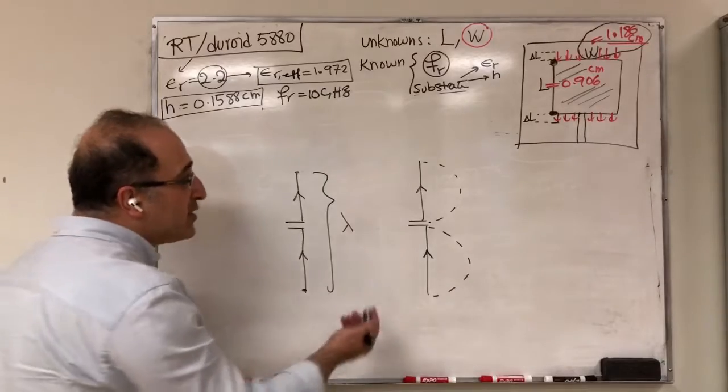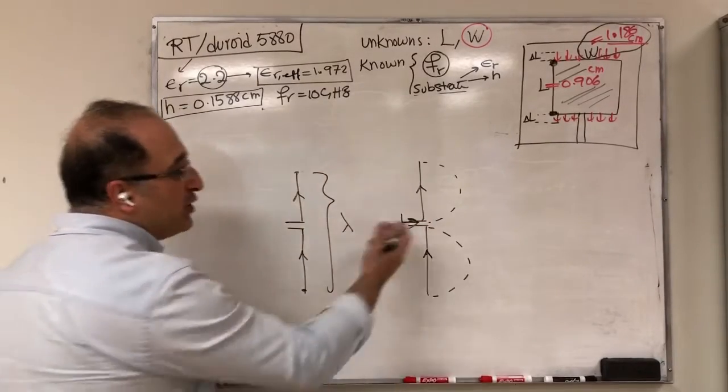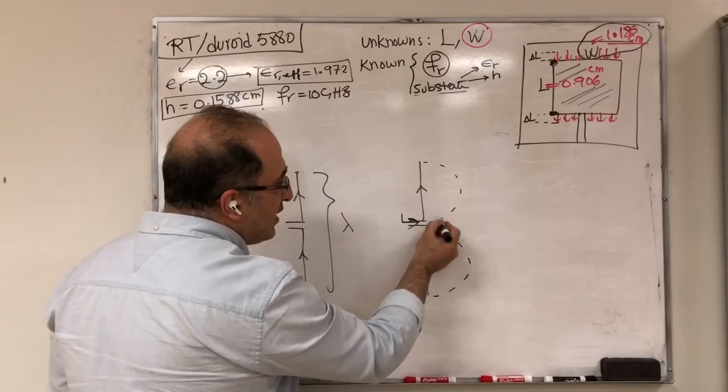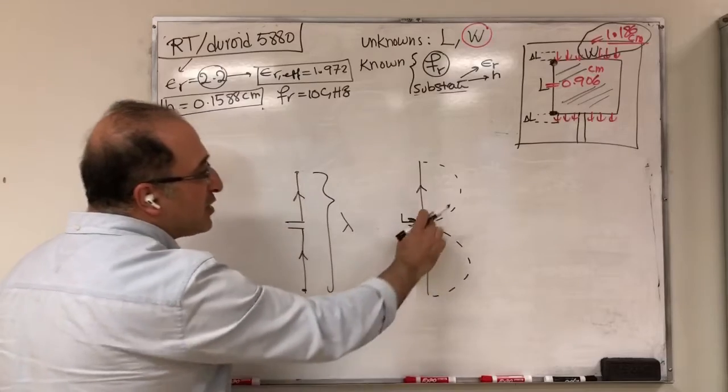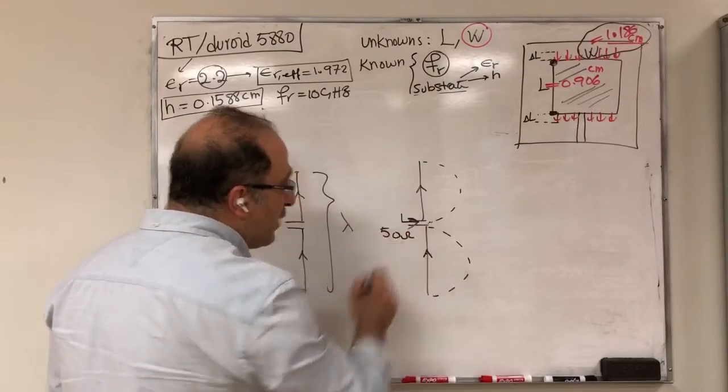But the problem starts when you want to feed the energy to this antenna system. As you see here, the current gets very small, so it has a very large input impedance, which makes it difficult to match to 50 ohm.